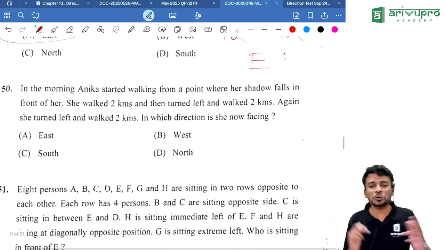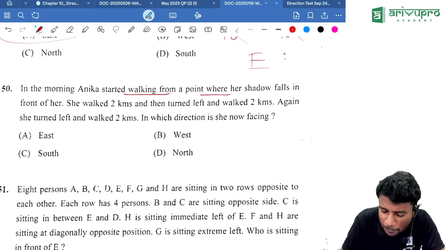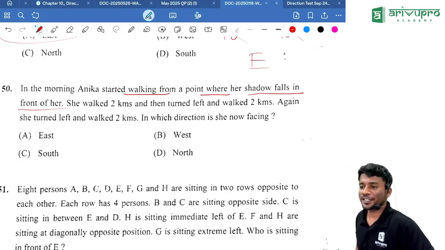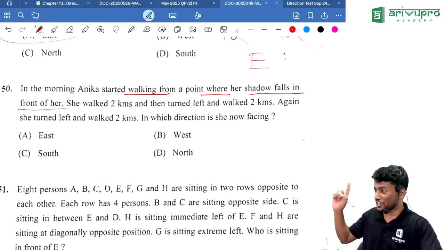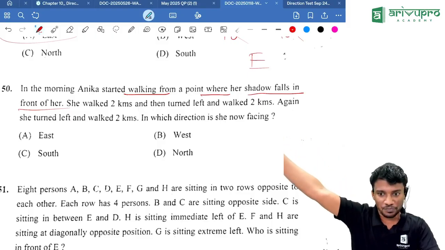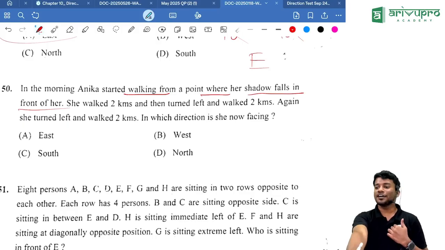Now, next question. In the morning, Anika started walking from a point where her shadow falls in front of her. What do you mean by that? She is walking towards which direction? In the morning the sun rises in the east. If a person is walking towards west, the shadow will fall in front of them.